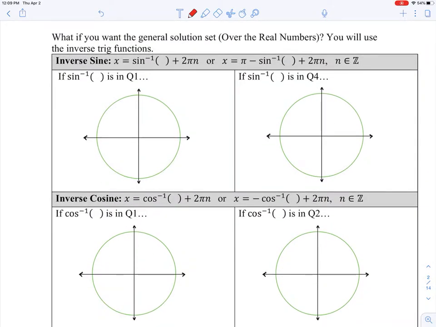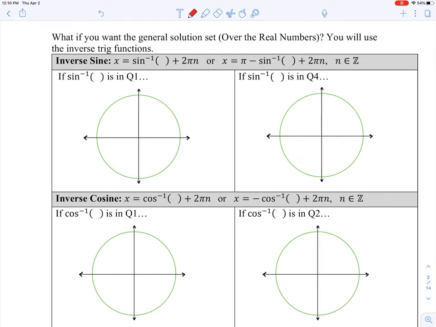However, instead of needing to remember when you can use one method versus another, just know that this method will be foolproof for any trig equation. You will be able to come up with the general solution set for any trig equation using the method that I'm about to go over.